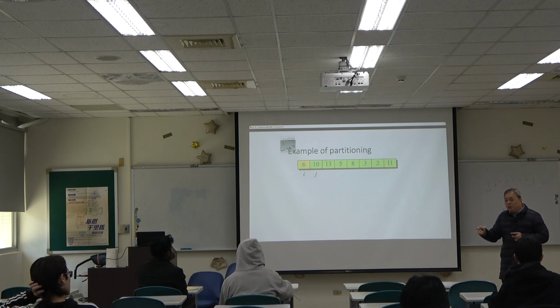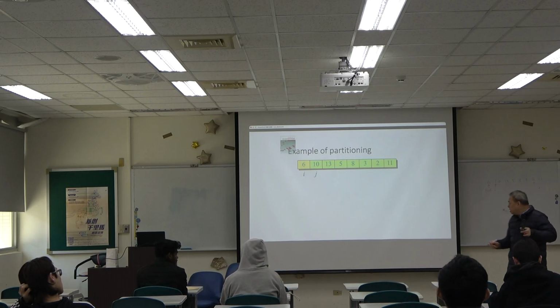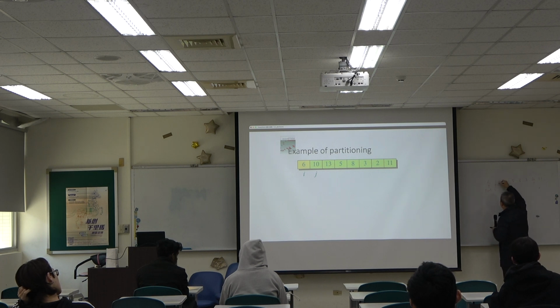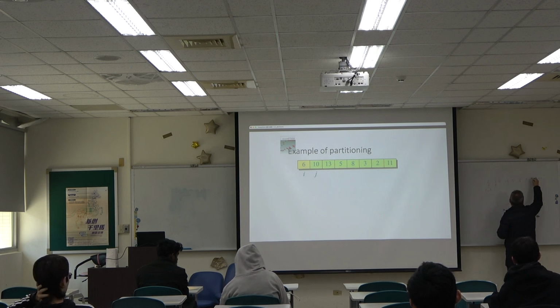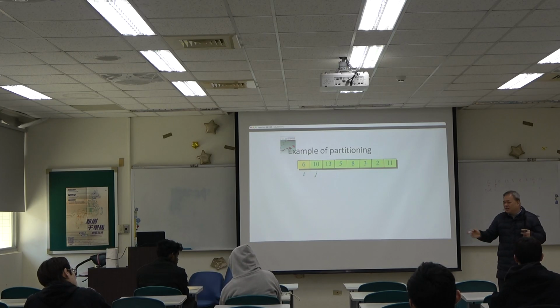Okay? So when both sides stop, you can see this is 10. This is 2, right? Both are not right. We don't want the big element at the beginning. We don't want the small element at the end, right? So we do a swap.